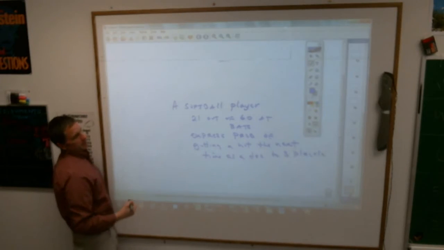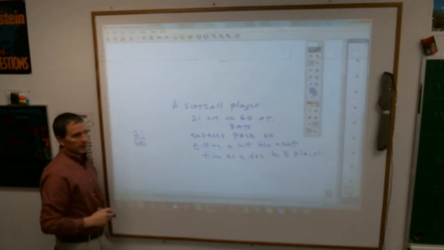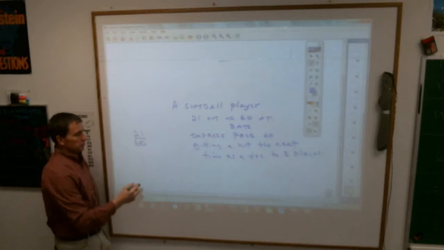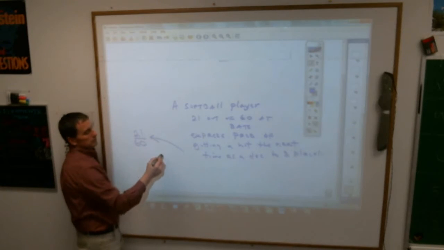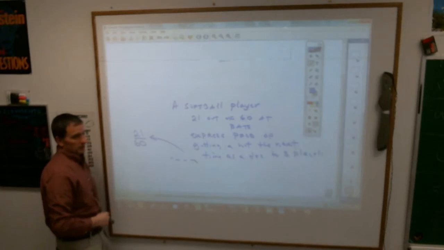Experimentally, 21 out of 60 times they got a hit. They just want you to convert this into a decimal with 3 digits after it. Best way to do that, Lenny?